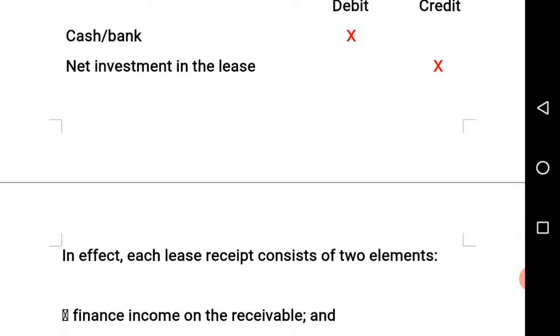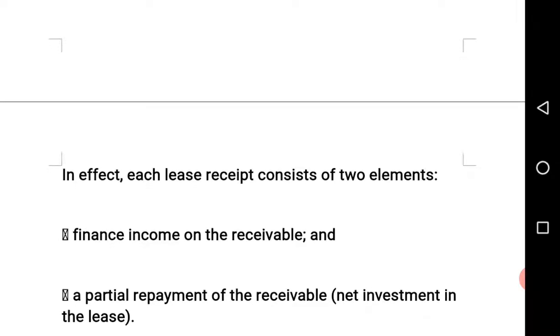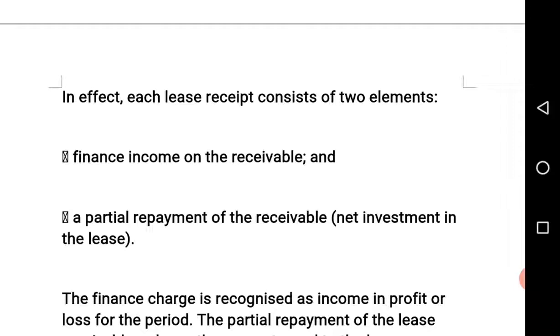In effect, each lease receipt consists of two elements: the finance income on the receivable and a partial repayment of the receivable, the net investment in the lease. Now the net investment in the lease is the cost of the asset. The finance income is the gain that the lessor makes from leasing the asset.